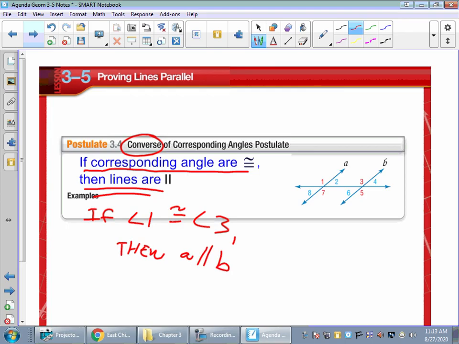So if 1 and 3 are congruent, then we know that those lines are parallel because corresponding angles are congruent. You can also do that with algebra if we said that this was, say, x plus 5 for that measure, and then the measure of this one was, say, 3x minus 28. You could still solve those because they're congruent and they're parallel. Okay, so a couple different things we could do there.